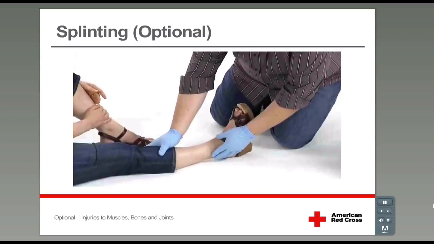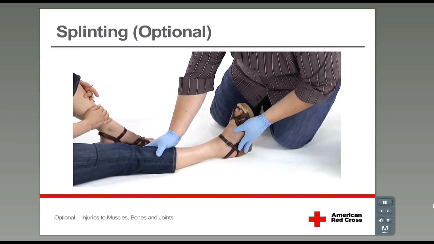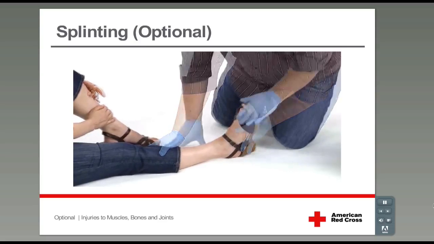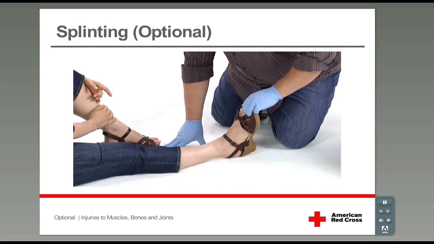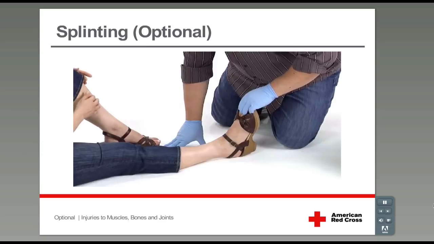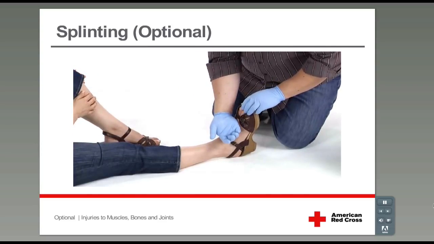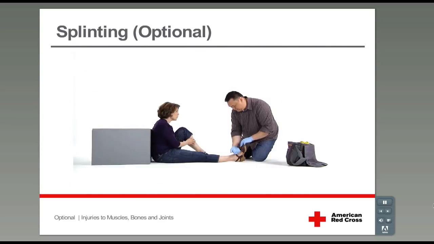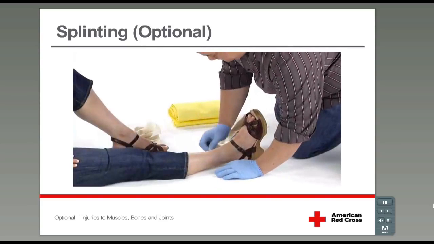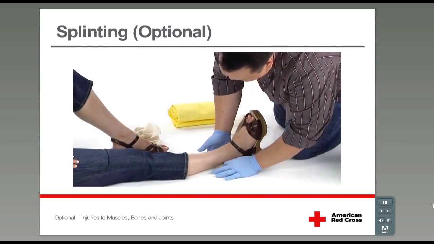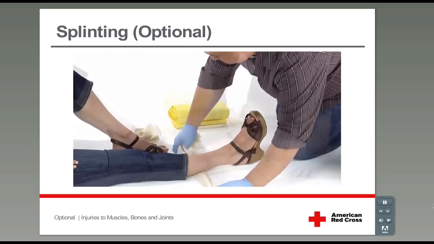Support the area above and below the site of the injury. Check beyond the injured area for feeling, warmth, and color. Place folded triangular bandages above and below the injured area.